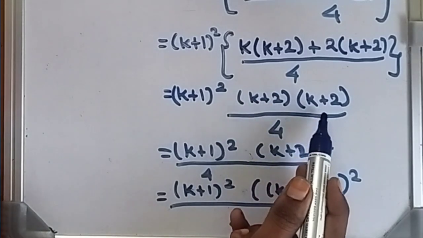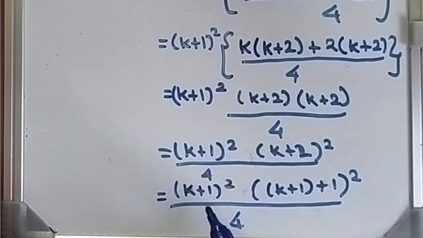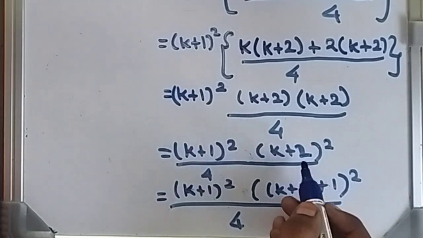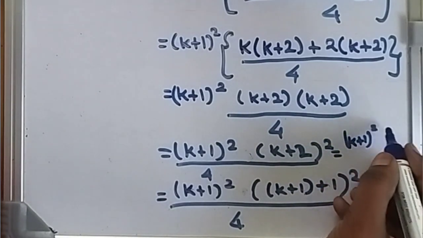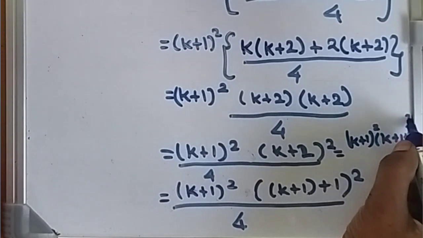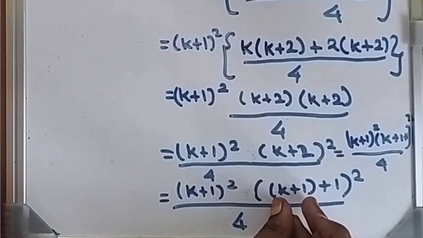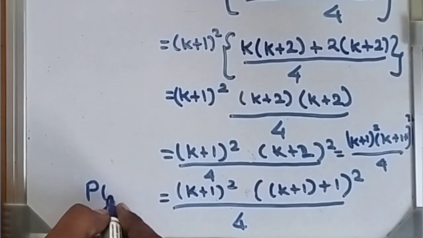Here k plus 2 multiplied by k plus 2 becomes k plus 2 the whole square. So k plus 1 the whole square as it is, and I am just replacing this one. We can write it here too. So it will be k plus 1 the whole square multiplied by k plus 1 the whole square divided by 4. I am just keeping a bracket here so that we can easily identify it as p of k plus 1.